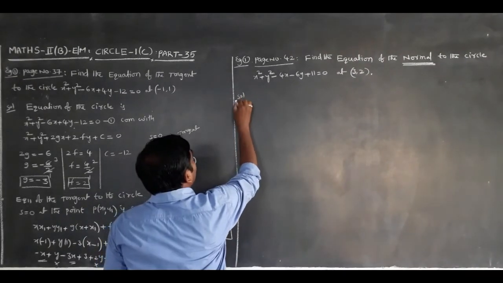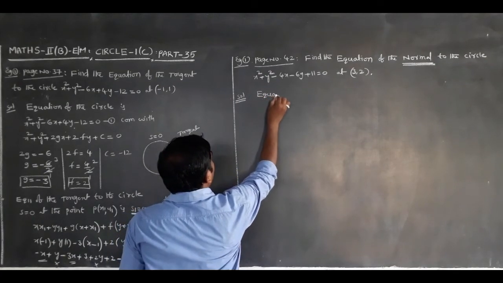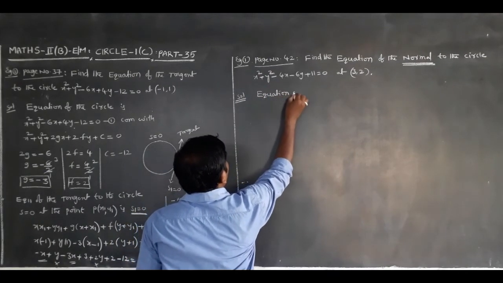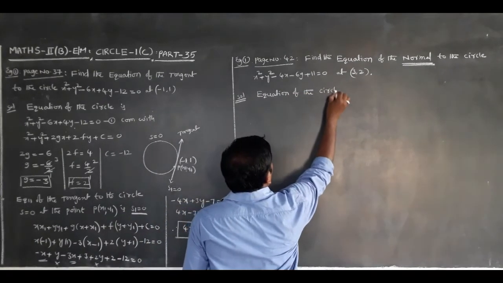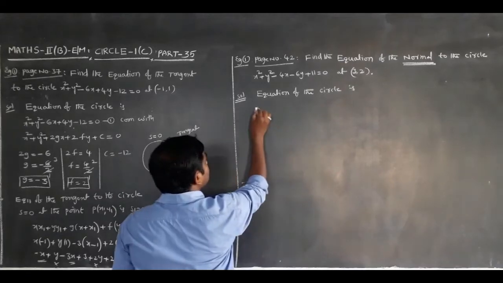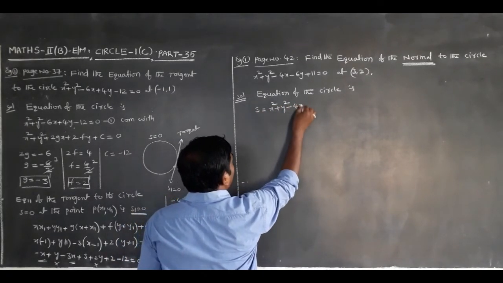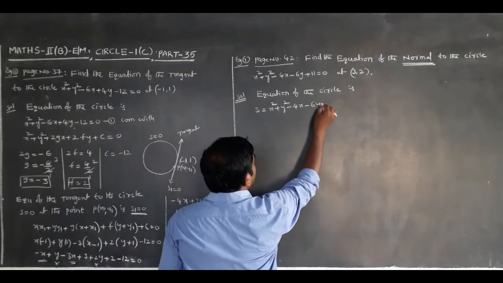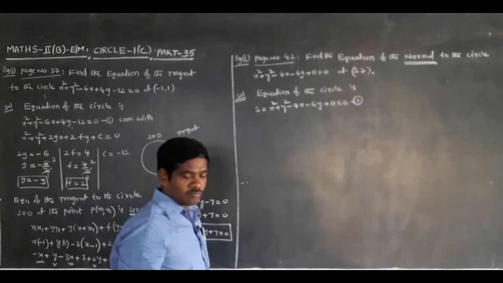Here the given equation of the circle is x square plus y square minus 4x minus 6y plus 11 is equal to 0.